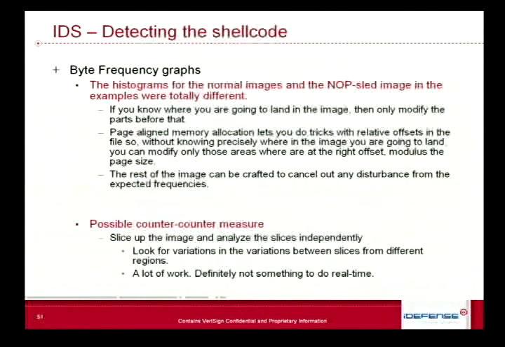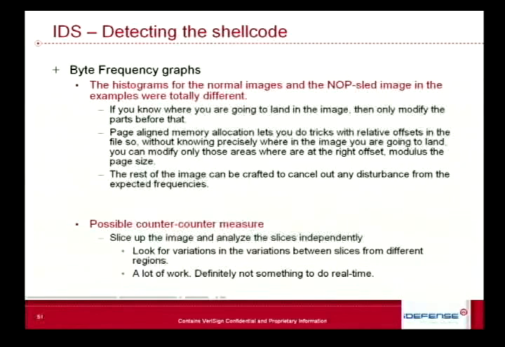You could look at, basically, we remember the byte frequency graphs from before with the spikes and that unknown hacker. The histograms were for normal images and the no-op sleds, and when you looked at those, they looked totally different. But if you knew where you're going to land in the image, you can only modify the parts before that, and you can have the other parts cancel out any problems.